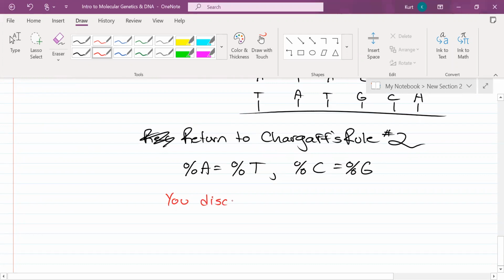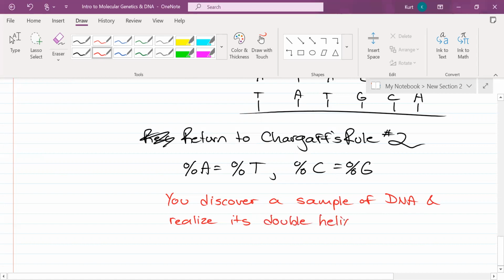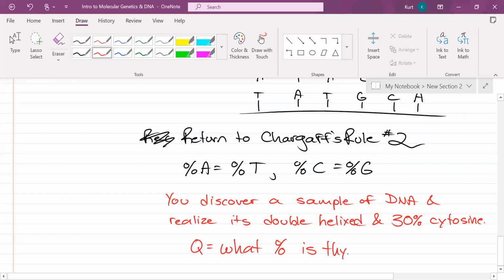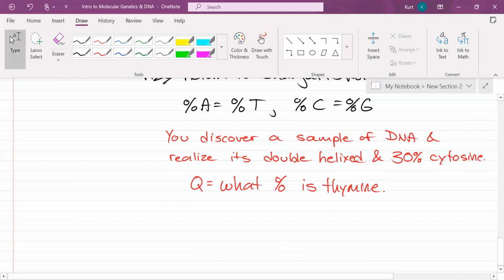You discover a sample of DNA and realize it's double helixed and 30% cytosine. Here's your question. What percent is thymine?